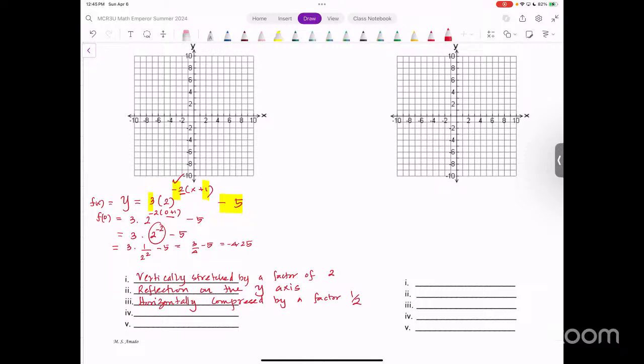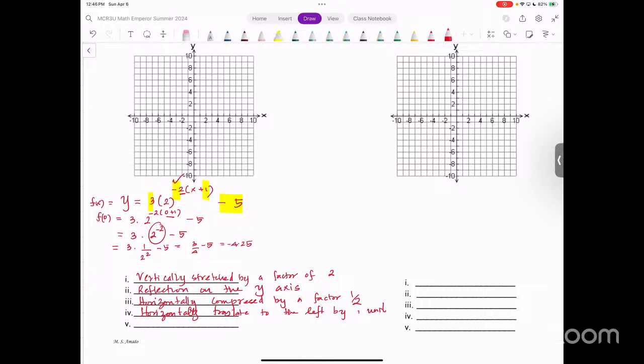Okay, Aaron, the next two transformations, can you describe? Horizontally translate to the left by 1 unit. Correct.